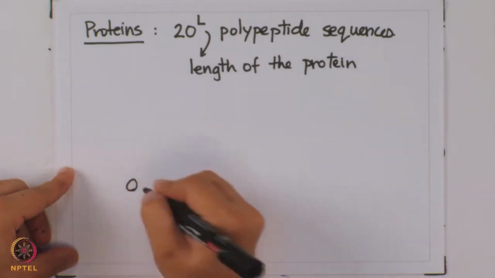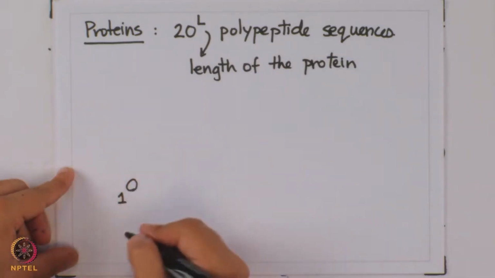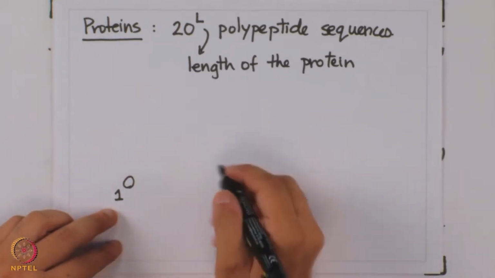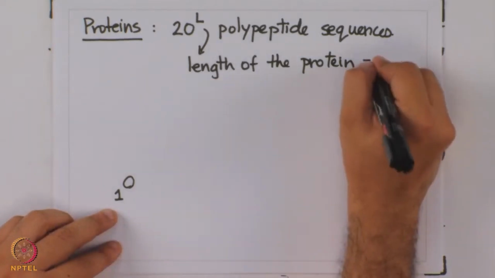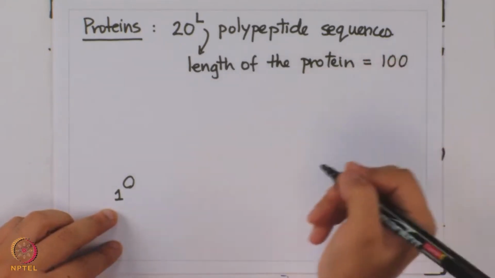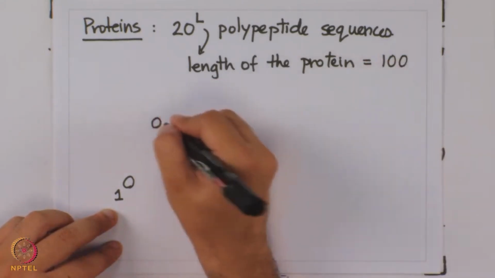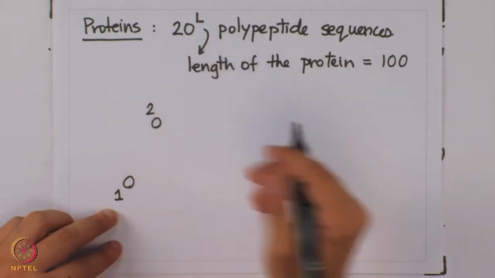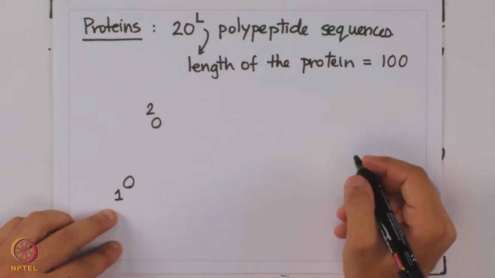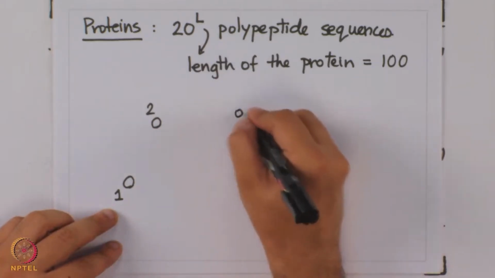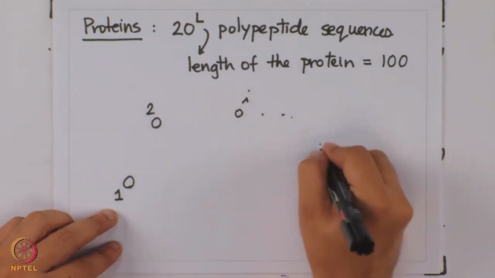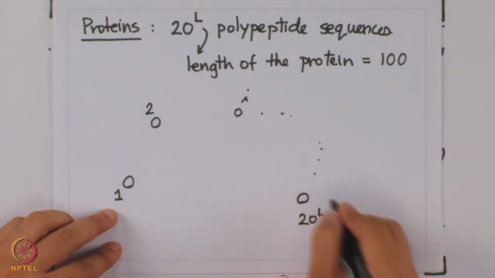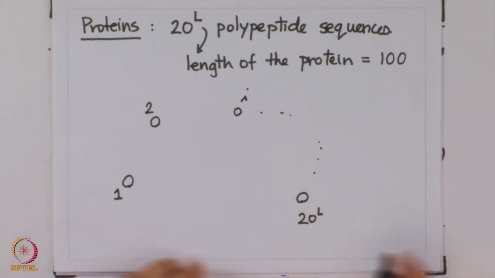Again, represent a node, let us call this node 1. This represents the first polypeptide sequence of length 100, if L was equal to 100, as was the case in the example that we talked about. This represents the second polypeptide chain among all the 20 to the power L polypeptide chains of length 100, and so on and so forth, going all the way up to the node which corresponds to 20 to the power L.